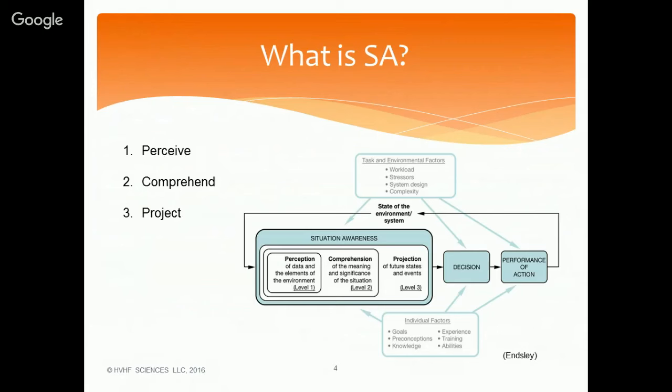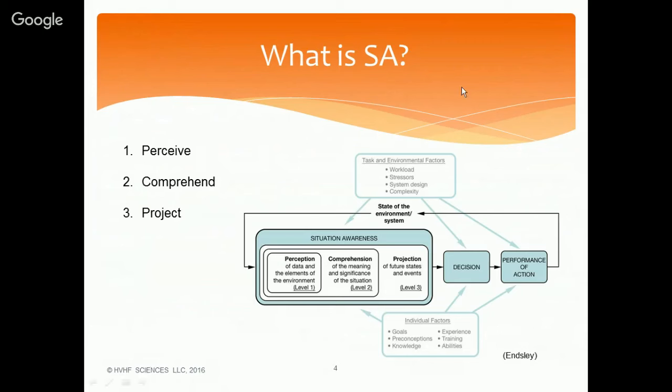If you look at the bottom rectangle here, there are goals in some people's heads, the human operators in the mission system, firefighters, drivers, or whoever they may be. There could be preconceptions, knowledge, skills, abilities, training. Those individual factors come to the fore in terms of how situational awareness is perceived and how it is processed.